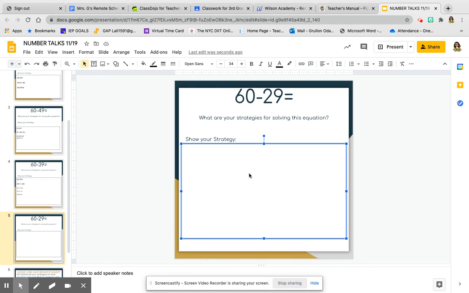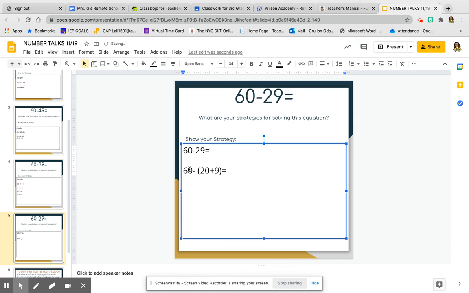All right. Are we ready to answer this now? Let's do it. So we are going to rewrite our number sentence. 60 minus 29 equals, and I'm going to do subtraction in chunks. So I'm going to break my 29 apart into tens and ones, and I'm just going to make sure that I rewrite my number sentence along the way.